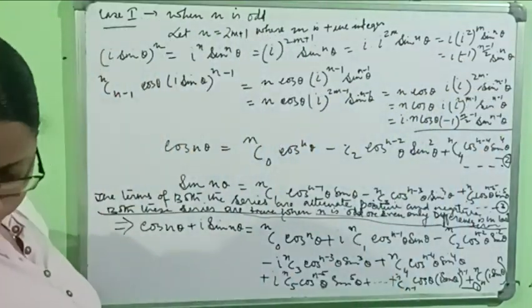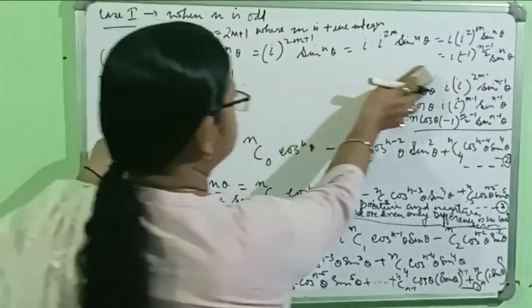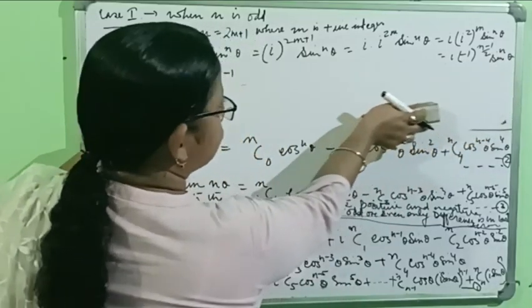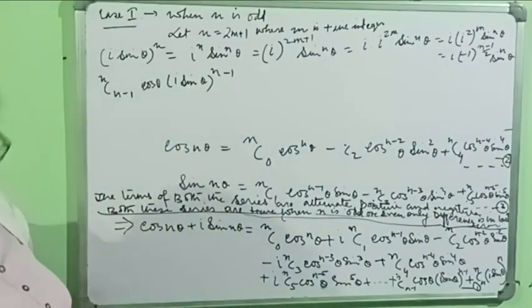Now we are going to find the term before the last when n is odd.